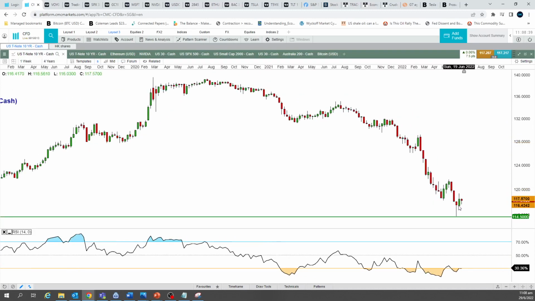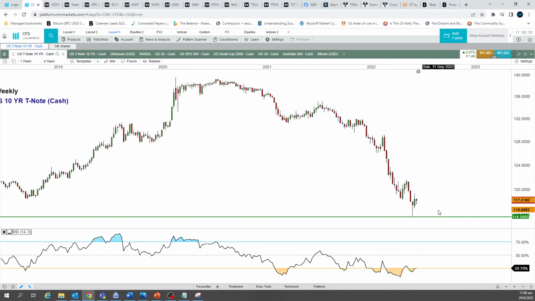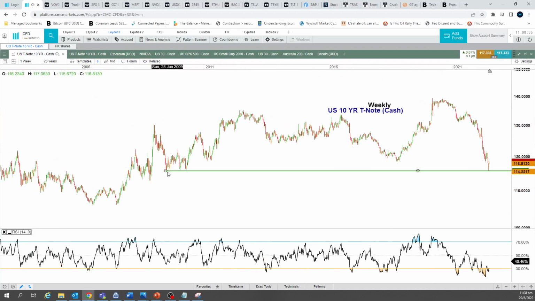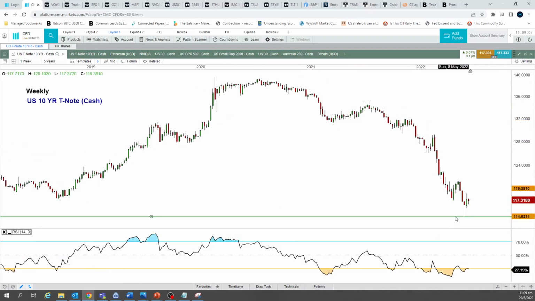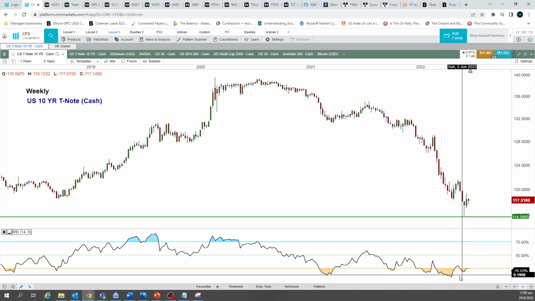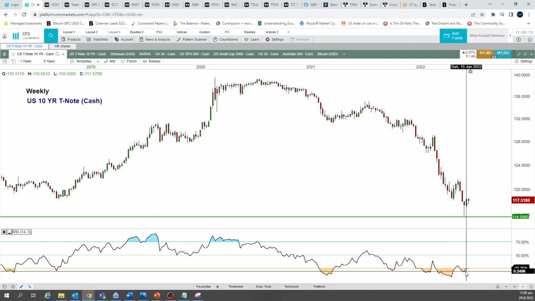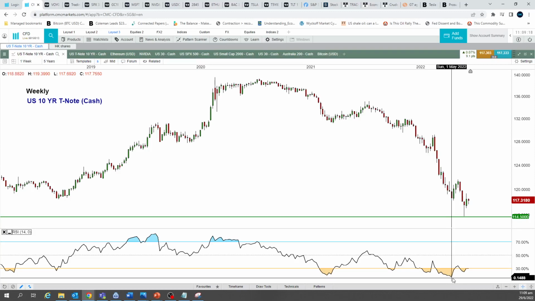So what we could see over here is the last week, the week of 13th of June, it managed to form a bullish reversal candlestick pattern called hammer, right at a significant support level at 114.50, which is being derived by the former swing low area of this congestion zone from 28th of June 2009 to 4th of April 2010, and also the weekly RSI has also started to shape a bullish divergence where price action shape a lower low, but the RSI shape a higher low right at its extreme oversold level.